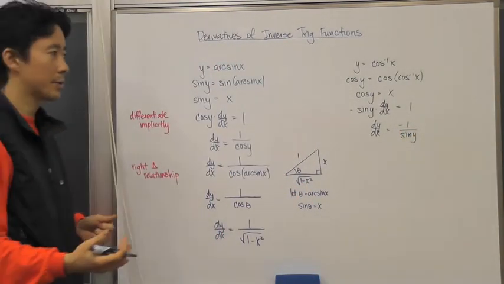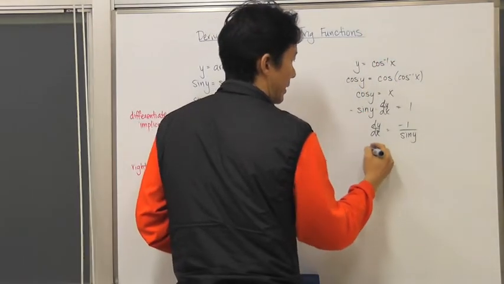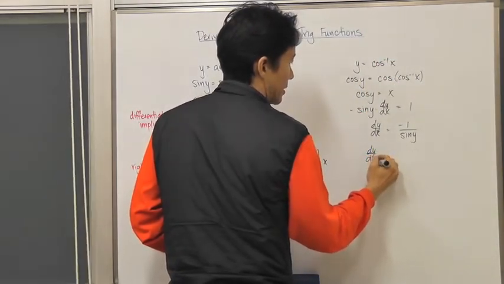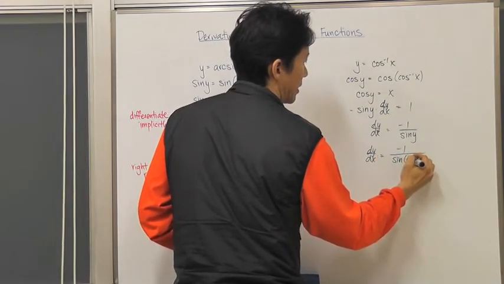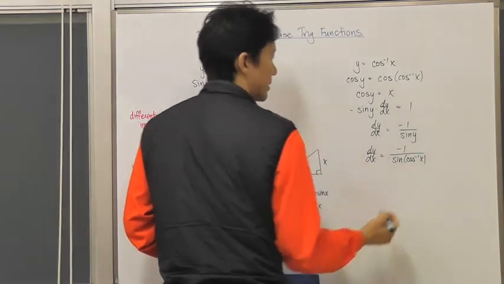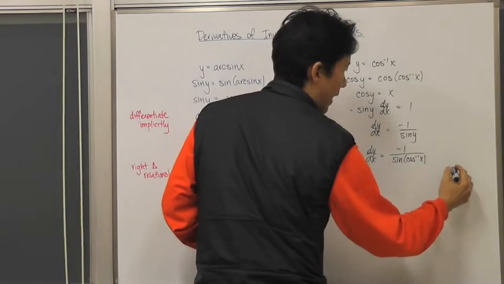Now, again, remember we're trying to get everything in terms of x, so we need to resubstitute. So dy/dx is going to be negative 1 over the sine of the inverse cosine of x. Now, remember that that is just going to be a particular angle.